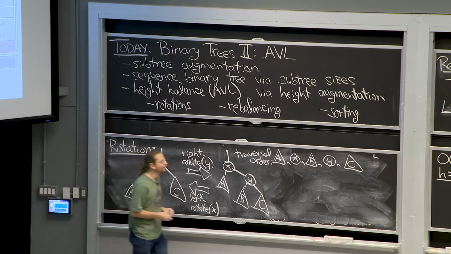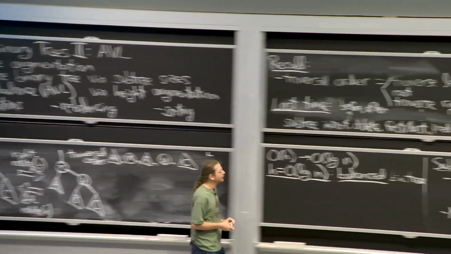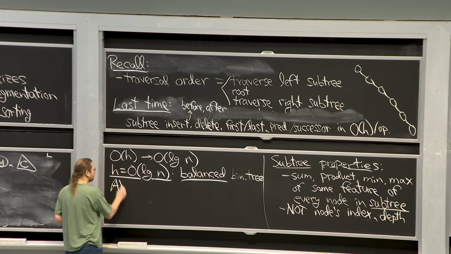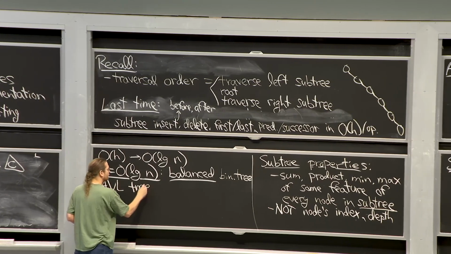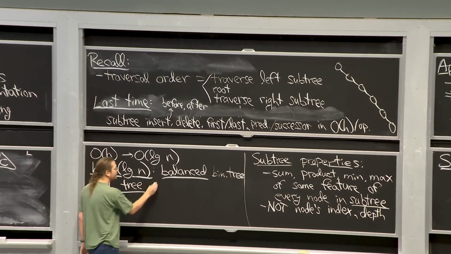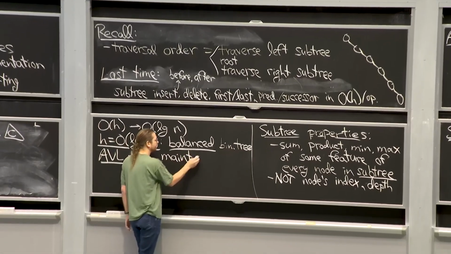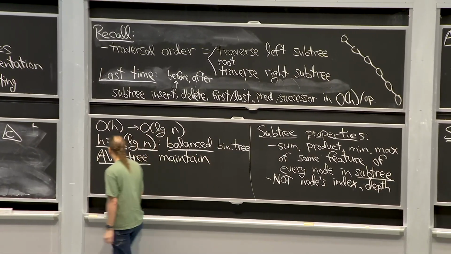Okay, it may sound difficult, but in fact, there's a pretty simple way, which are called AVL trees, that maintain balance in a particular way, called height balance.